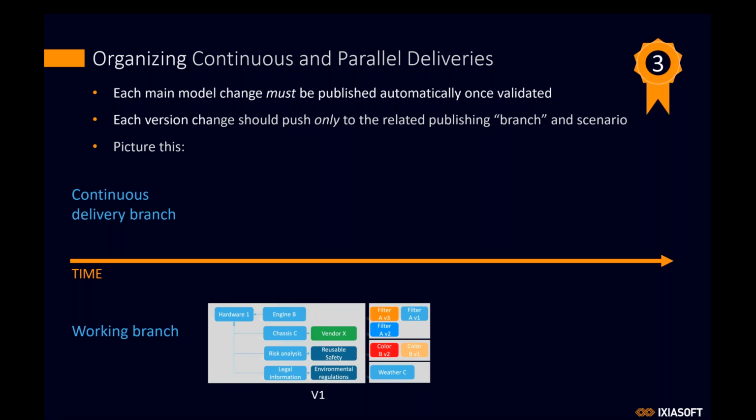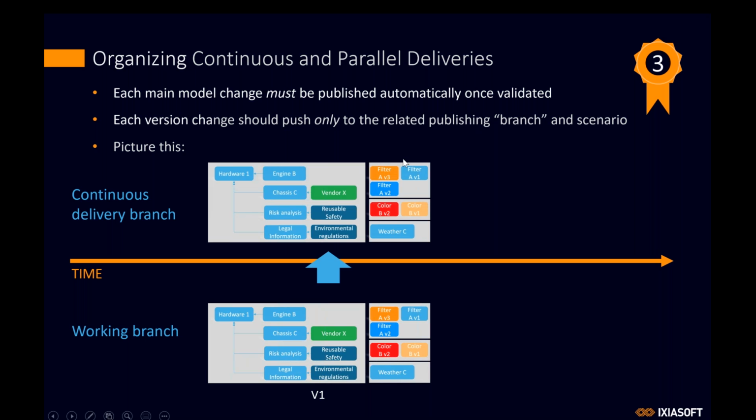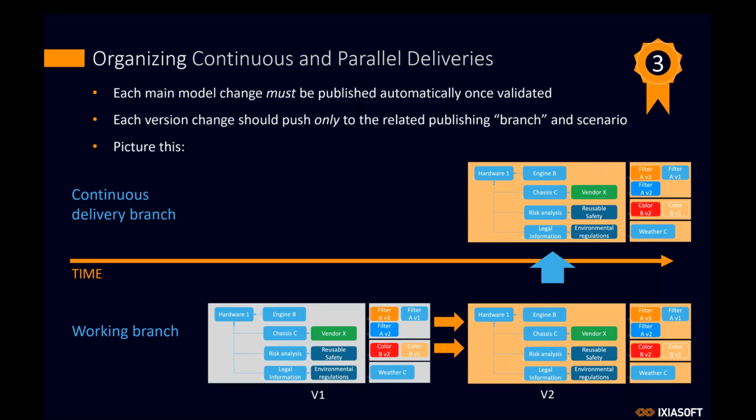So if you flip just one slide, Sydney, please. Yes, that's the one. So this blue arrow is an automation from the working branch to the delivery branch. Now, of course, we're going to have a V2, and where the same behavior would apply.